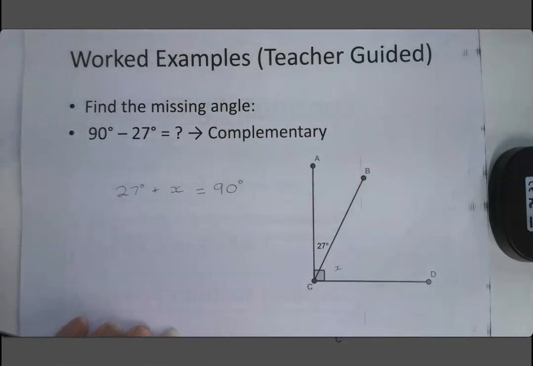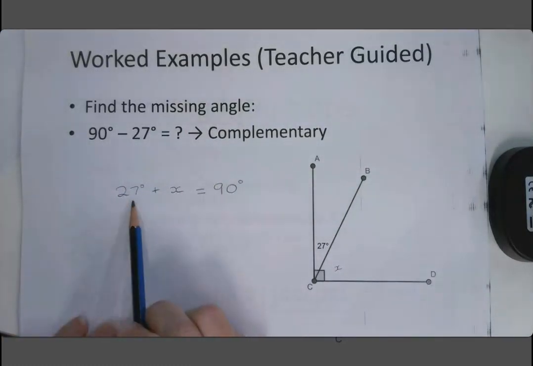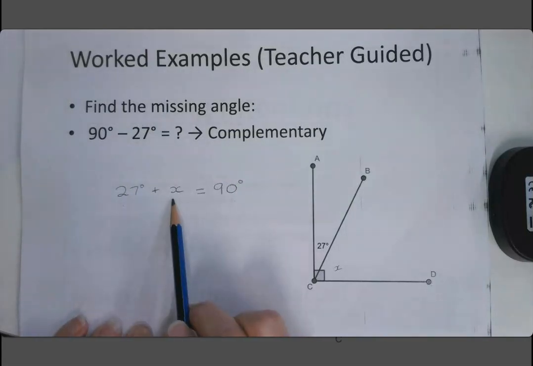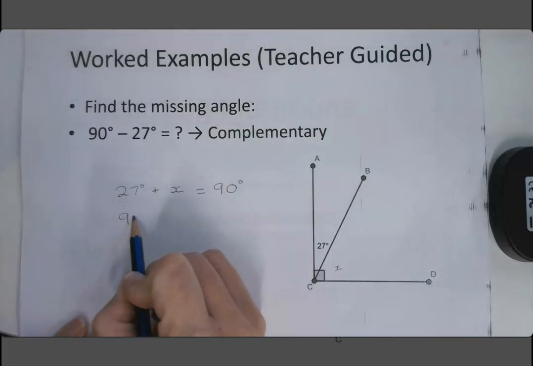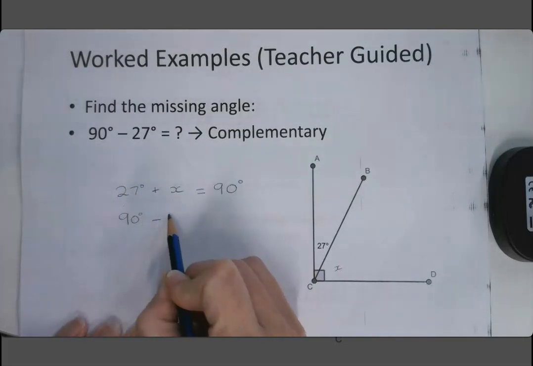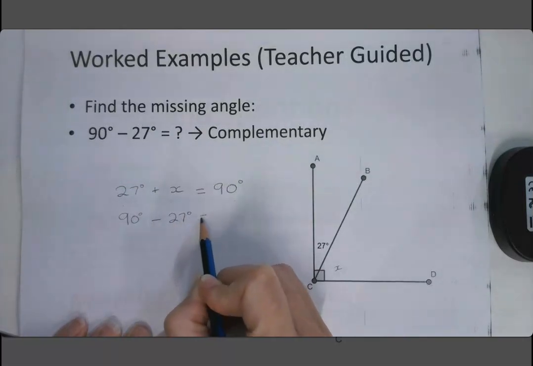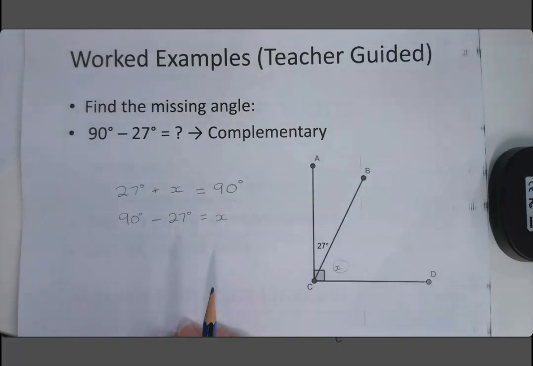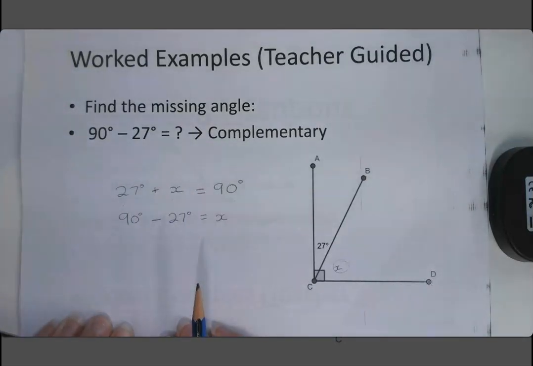I also know if I'm going to rearrange this, if I've got two parts that add up to give me the whole, then I can have the whole take away one of the parts to find the other part. So in this case, we've got 90 degrees take away 27 degrees is going to tell me what the value of X is. So we have 90 and we take away 27.